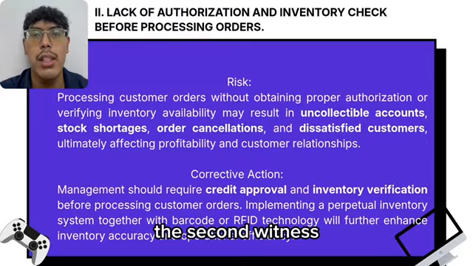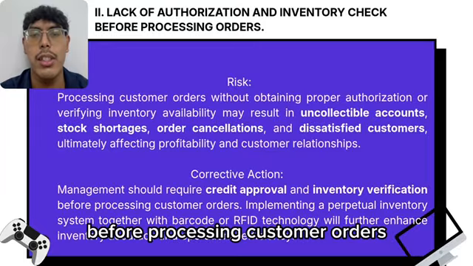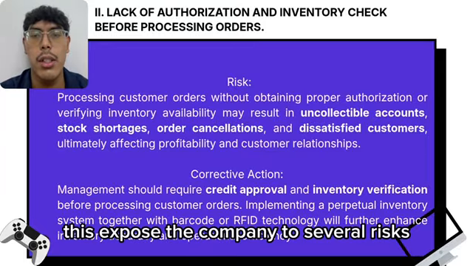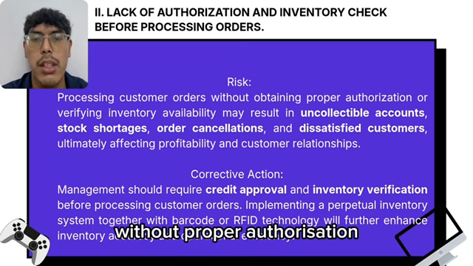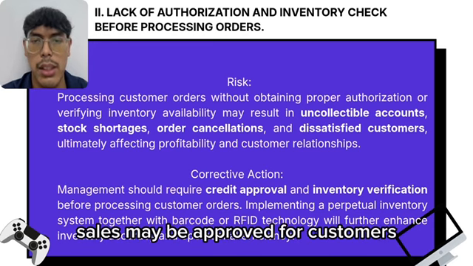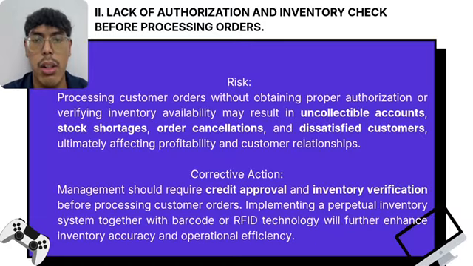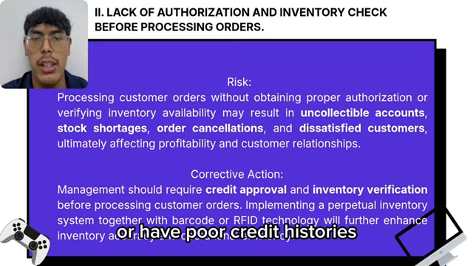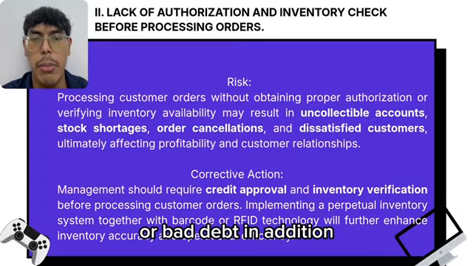The second weakness is the lack of authorization and inventory check before processing customer orders. This exposes the company to several risks. Without proper authorization, sales may be approved for customers who exceed their credit limits or have poor credit histories, increasing the risk of uncollectible accounts or bad debt.